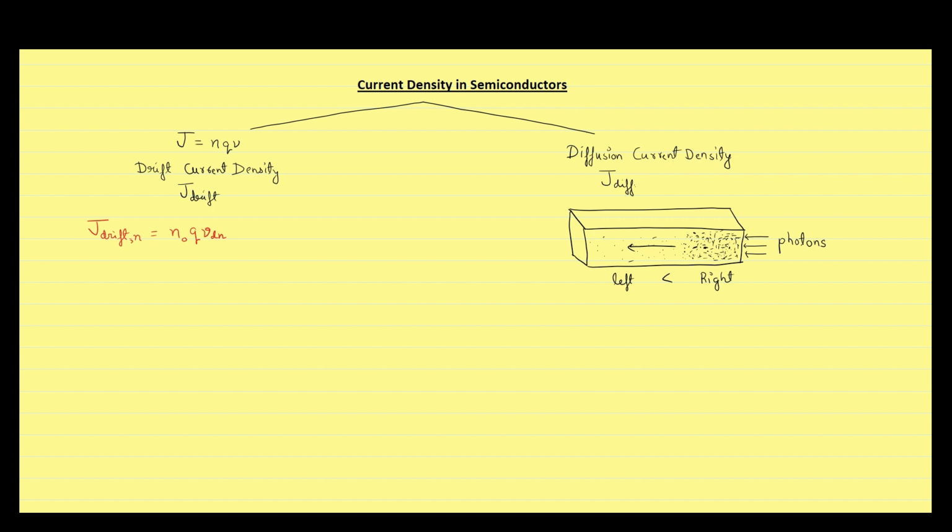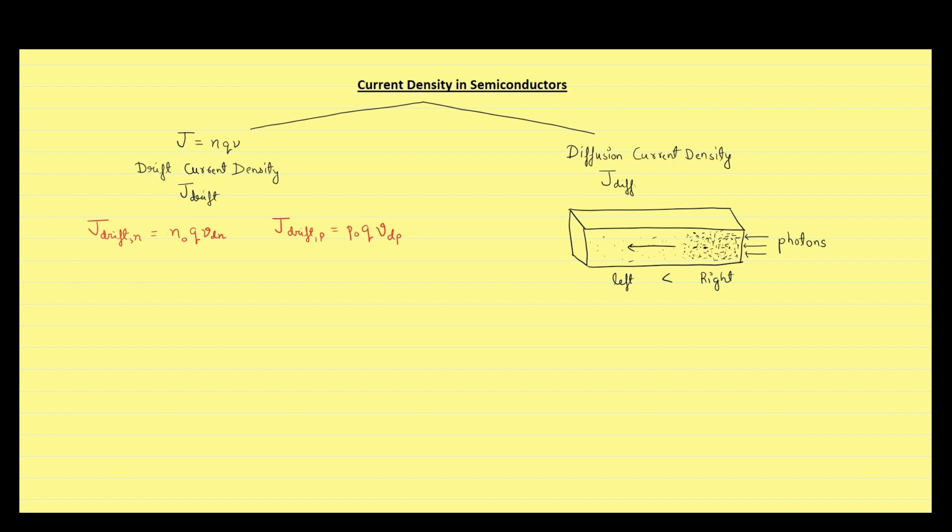Similarly, we have drift current density for holes to be equal to P0 multiplied by Q multiplied by drift velocity of holes. You need not get confused about why we have taken Q for charge on an electron as well as charge on the hole.